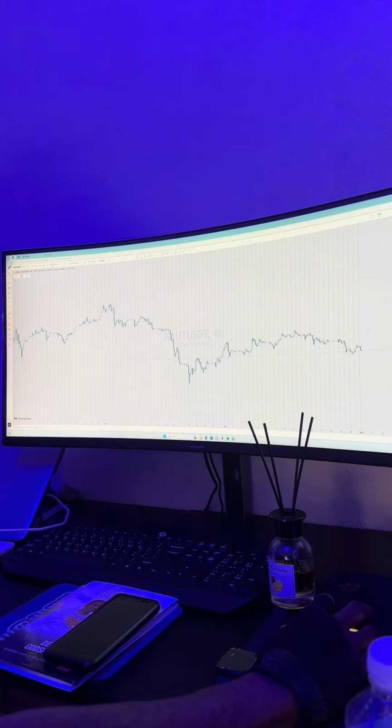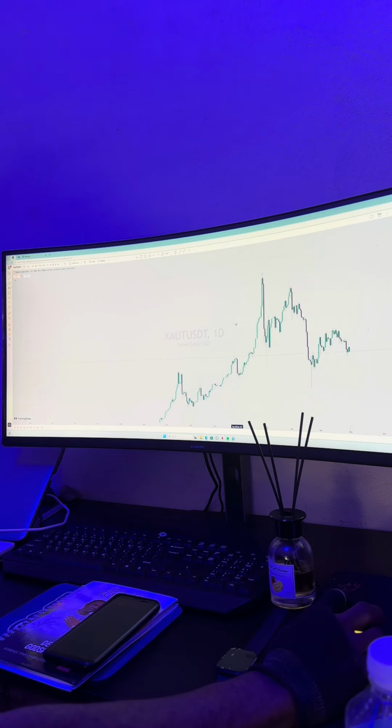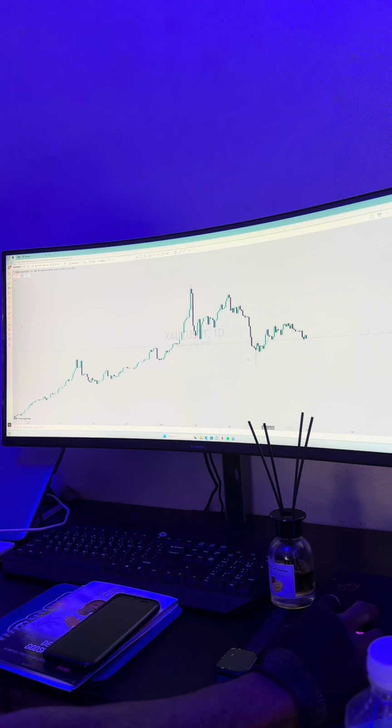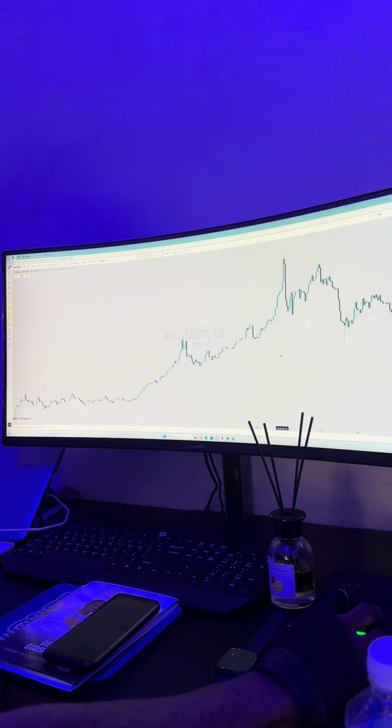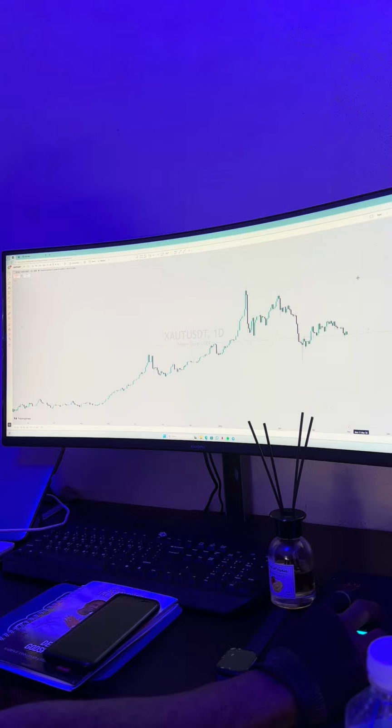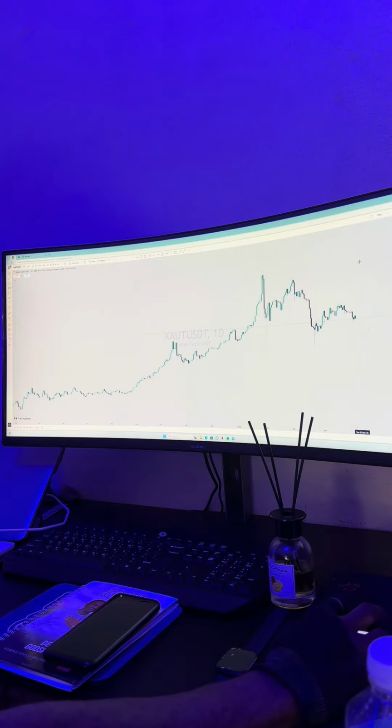First of all, this will be a top-down analysis, which is from top to bottom. So we are doing our analysis from top to bottom. First we need to know the direction of the market, what the market is actually doing at that particular time. You understand? At this point, you can clearly see you mark out from a weak low to a high in order to know the trend of the market.